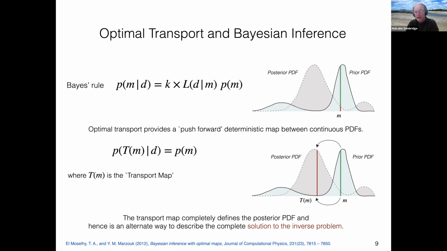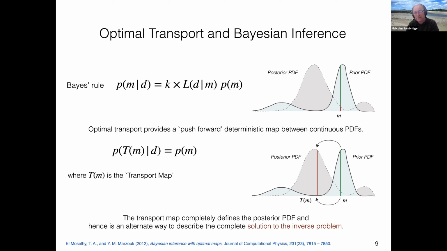So, something immediately follows from this. What immediately follows is that the entire solution to every inverse problem is encoded in the transport map. I'll say that again. The entire solution for any inverse problem is encoded in the transport map, because the transport map takes the prior, it changes the location, it finds where we go to and gives you the posterior.